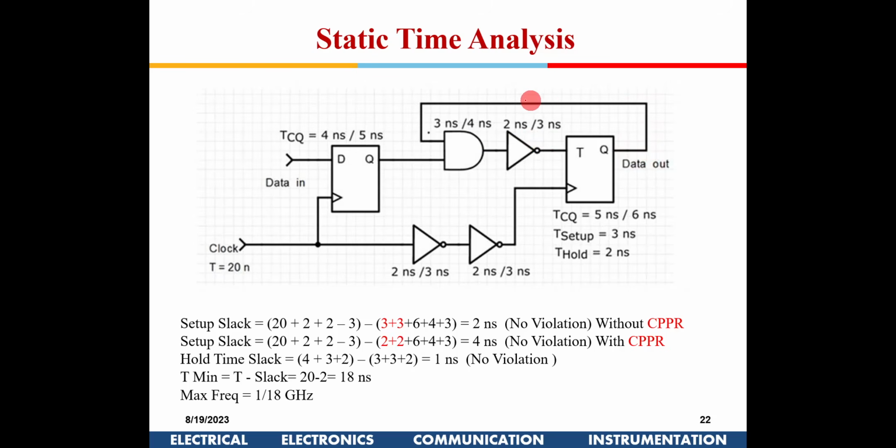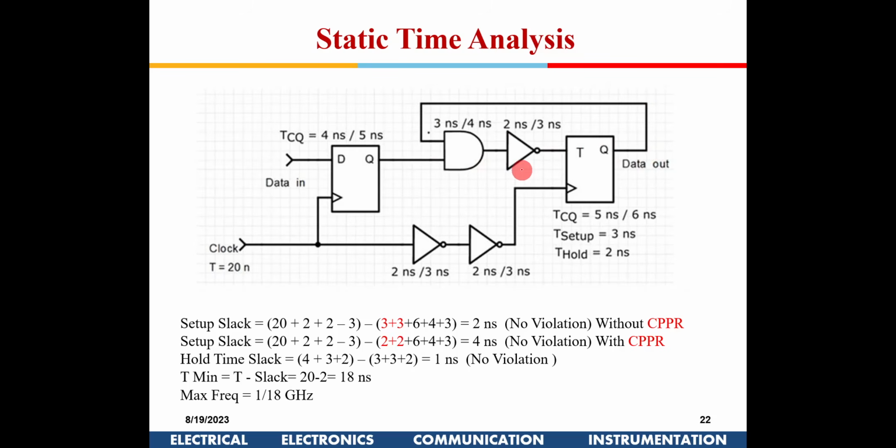So this is the data path which has got more delay. So in fact, I will not consider this delay, rather I will consider this delay. This is right. So this is a more crucial thing for setup analysis, right?